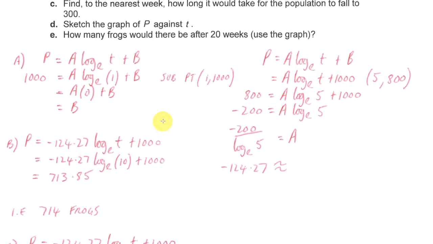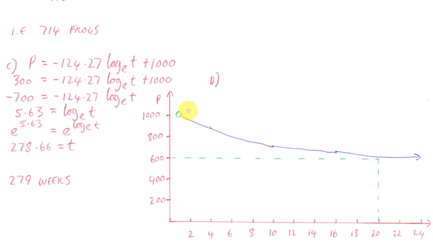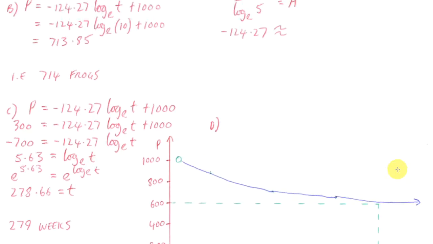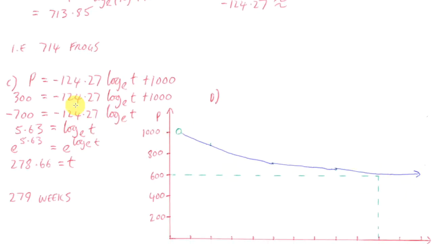Alright, D, just drawing a sketch of it. I know that I've got that basic shape happening. The reason for it is that I've got a translation up of 1,000, but I've got this negative here at the very front of the graph. So that means it's going to be reflected in the x-axis.